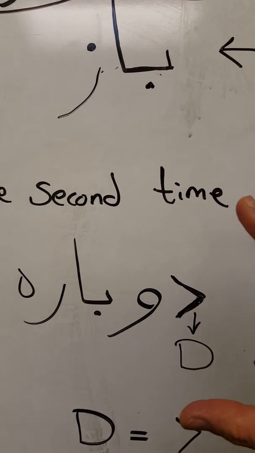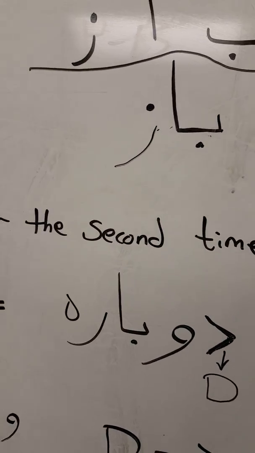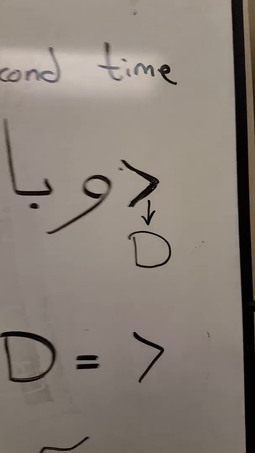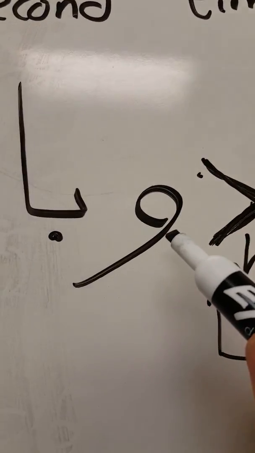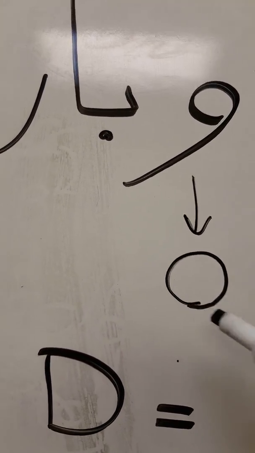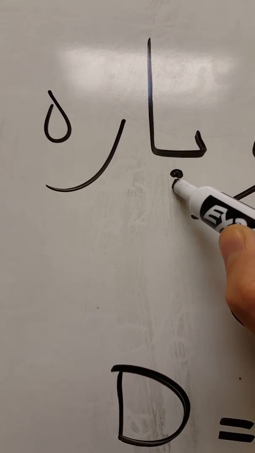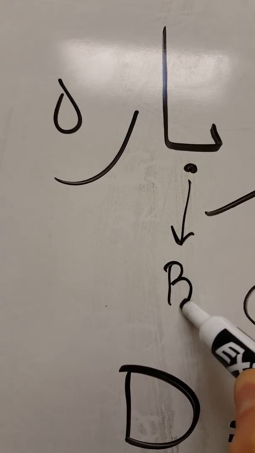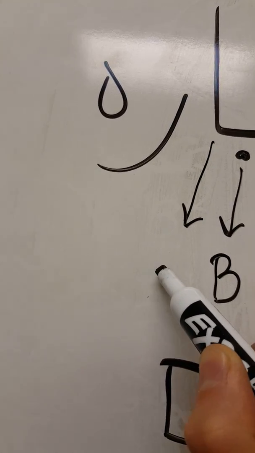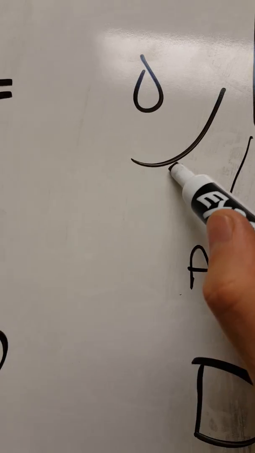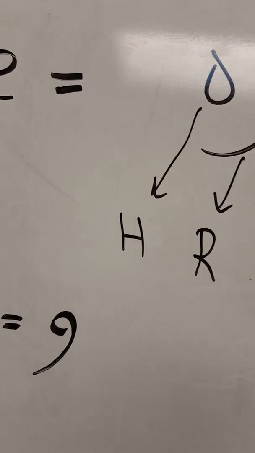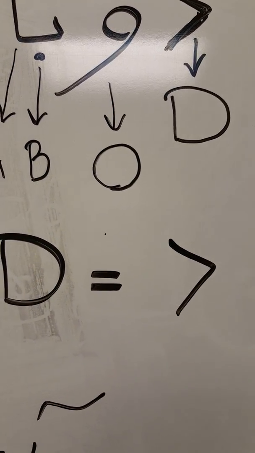It's like an open, and then O is like this, B is this, and you see I attached B and A together again. That's how they attach it. And this is R, and this is H. So I have them separately.